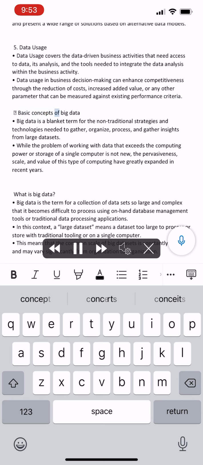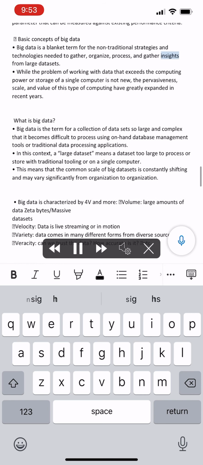Basic concepts of big data. Big data is a blanket term for the non-traditional strategies and technologies needed to gather, organize, process, and gather insights from large datasets.